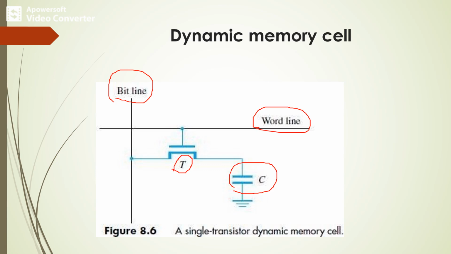To store the information in this cell, the transistor T is turned on. This is nothing but a single cell.